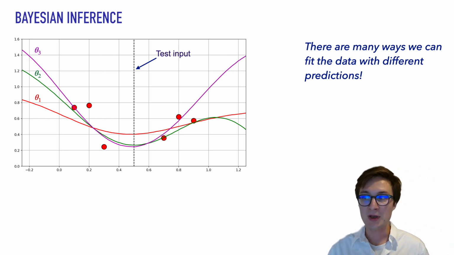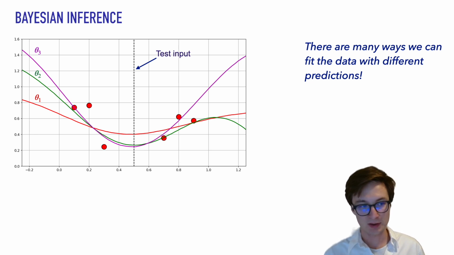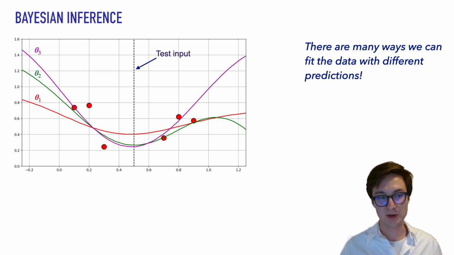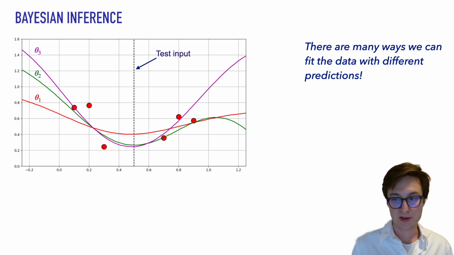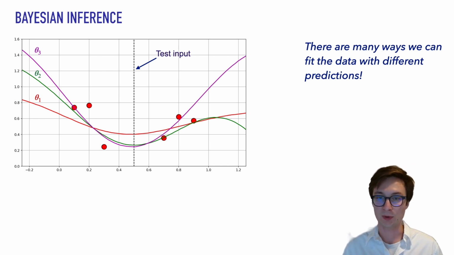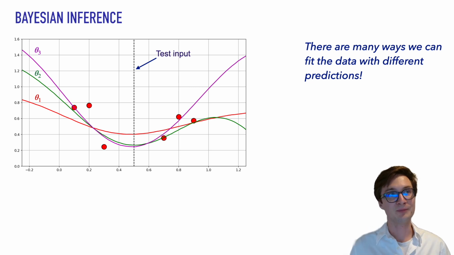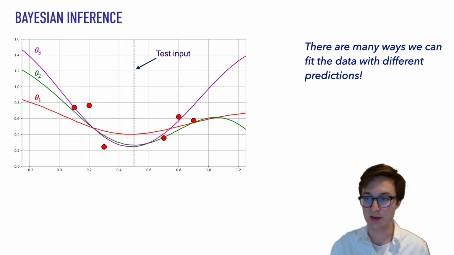In other words, there are many ways in which our model could fit the training data. And all of those can be equally good on the train set, but they lead to different predictions, and predictions of different quality on the test set. And so in classical machine learning, we would use the maximum likelihood approach. We would pick the one that's leading to the lowest loss on the training set.